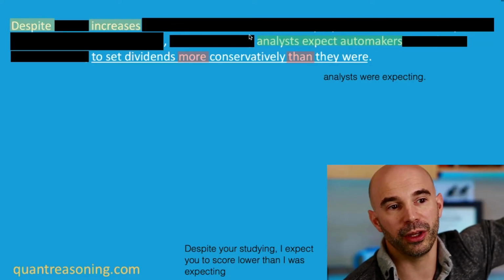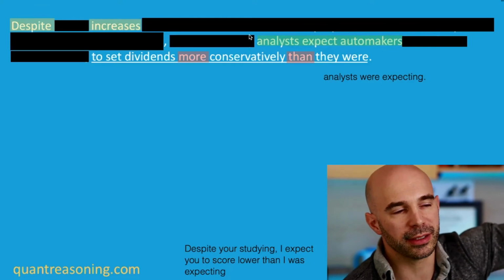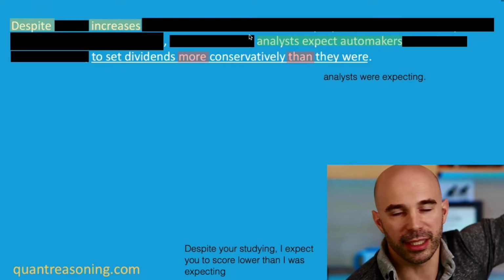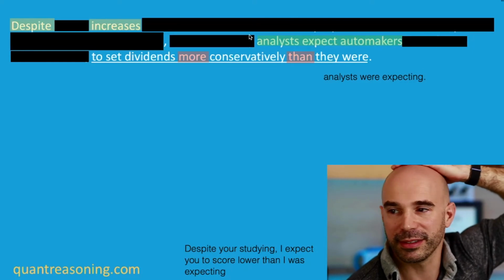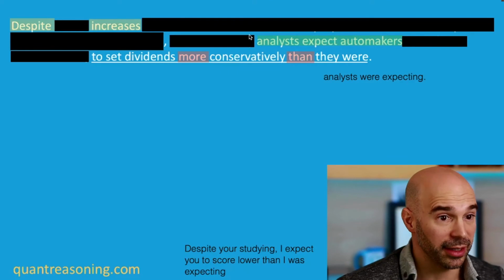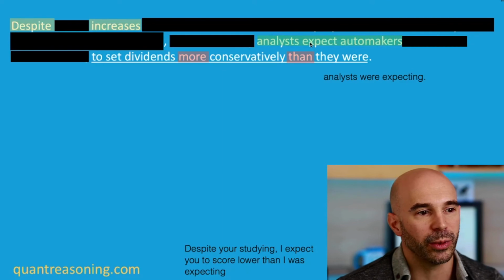But I'm pretty sure the author intended to say that the analysts expect the automakers to set dividends more conservatively than the automakers set them in the past. That's what the author tried to say here, but A doesn't work because of this comparison, because they were needs to work with a clause prior to more than, and the clause is analysts expect, and that's why it's wrong.